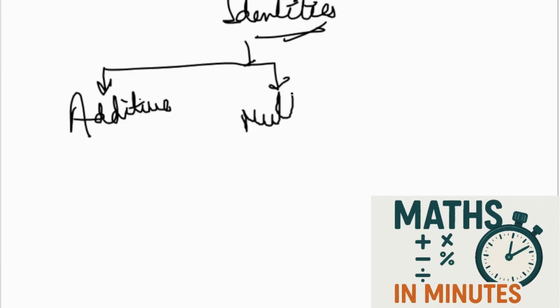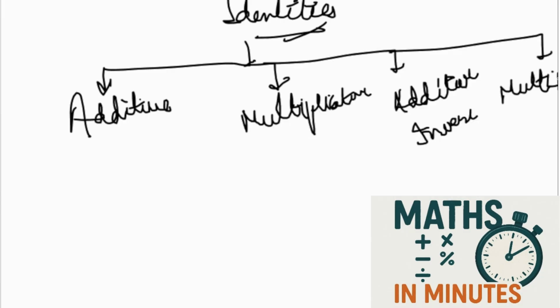Third is additive inverse. And fourth is multiplicative inverse. Okay, so one by one we will see what are these identities.